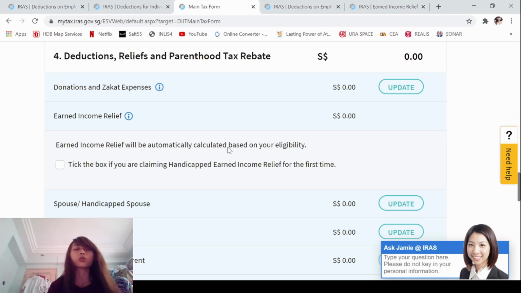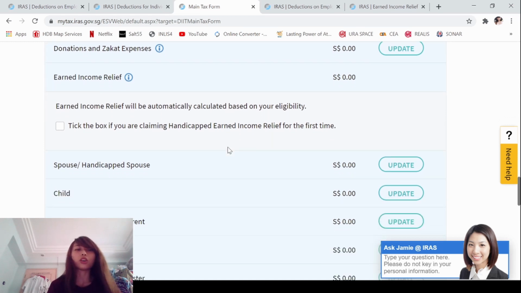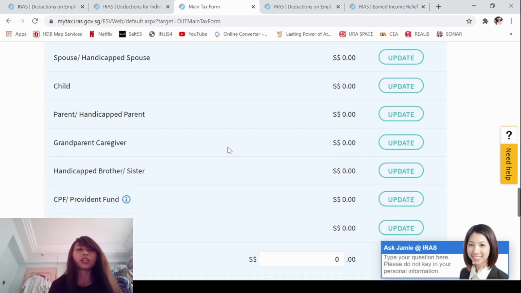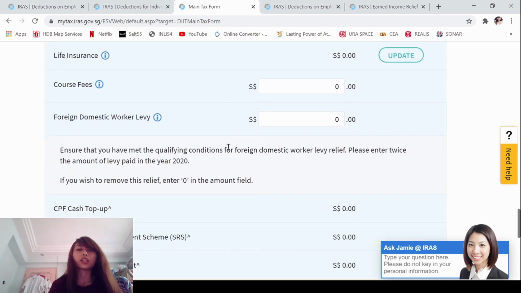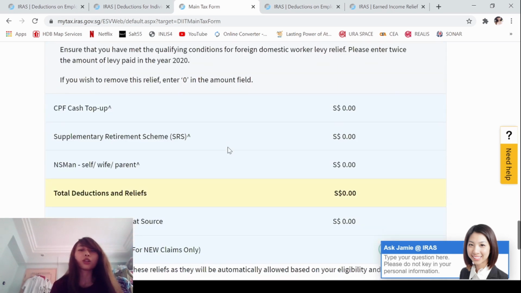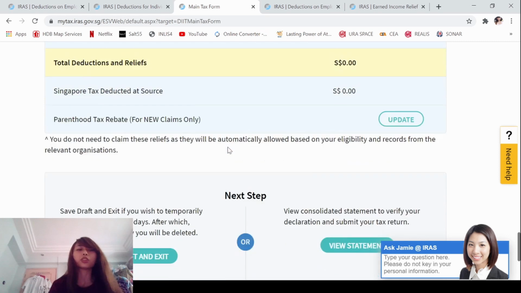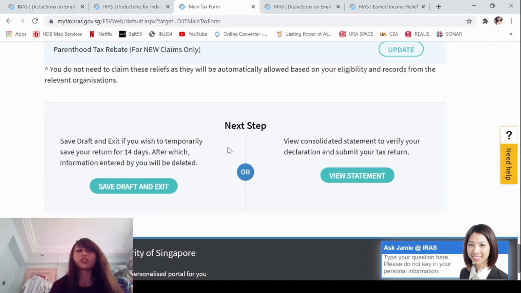Donations are 2.5 times the amount that you donated. All these reliefs I'll be going through later in a more simplified form. After you're done filling up all these reliefs, you can view the statement to submit.